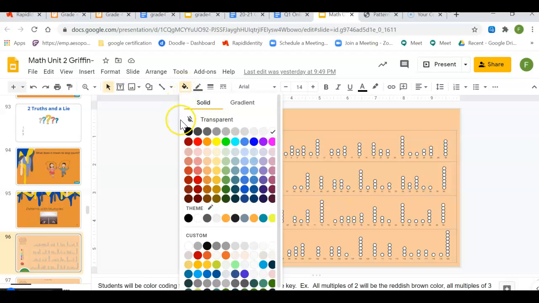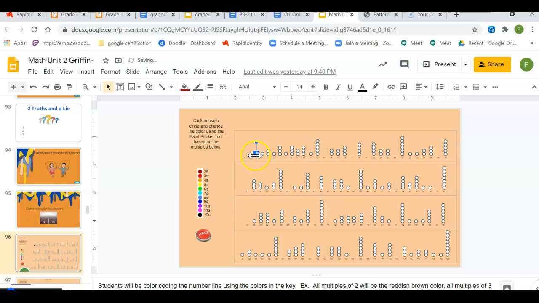Now we're going to find that color. We knew that it was a reddish dark brown color. So we'll pick this one. And we'll go on over, and we're clicking on it. And we'll go to the 4. Click on that. So we got the 2 done.